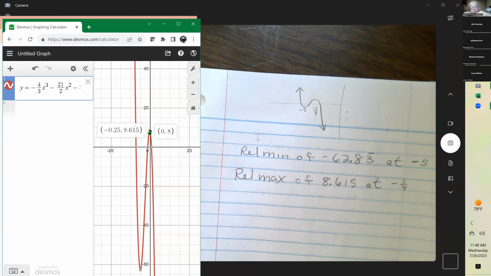But you can always enter your graph so you can see if it's a max or a min. Any questions on that? Any questions?